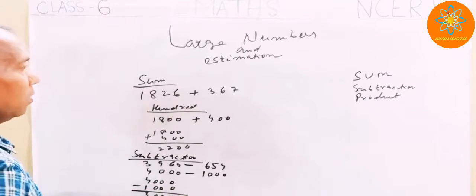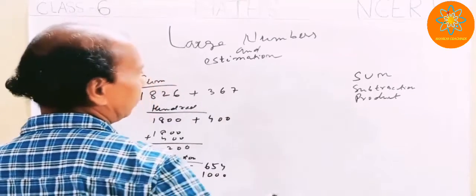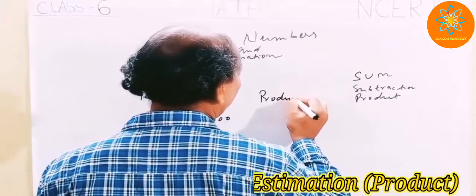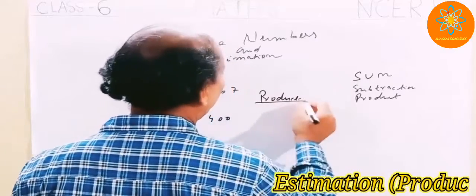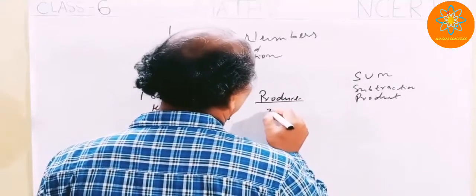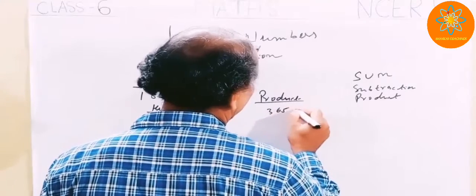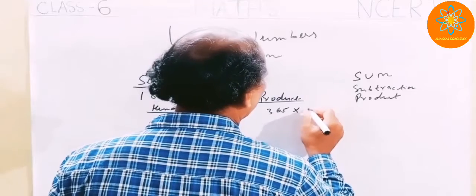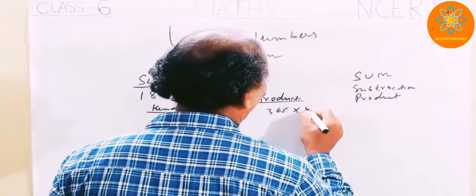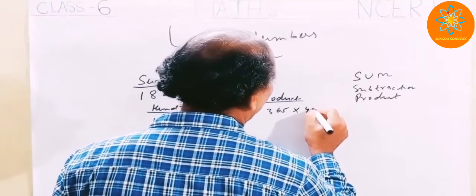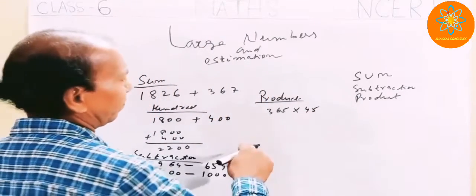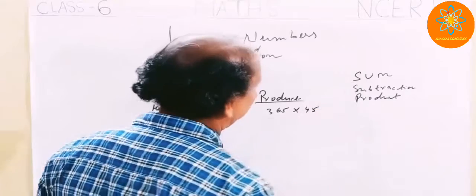Similarly, let's suppose I am taking the product. Let's suppose I want to multiply 365 into 445. Let's suppose I'm considering the tens place.